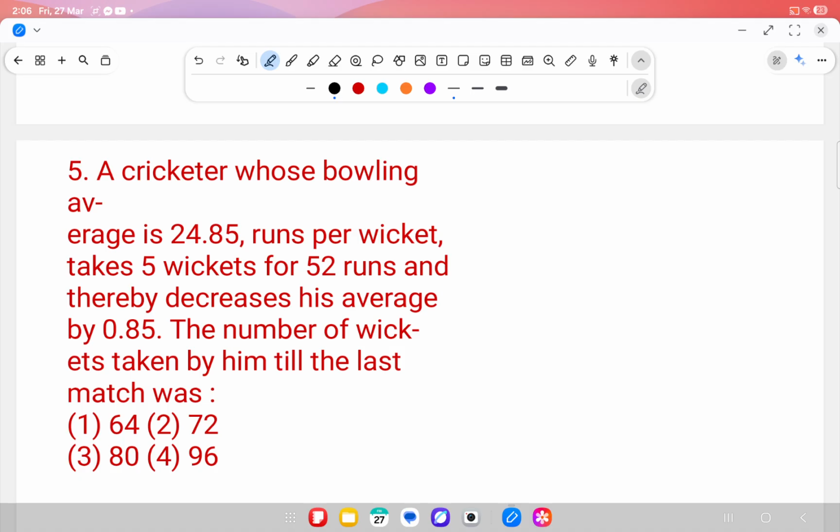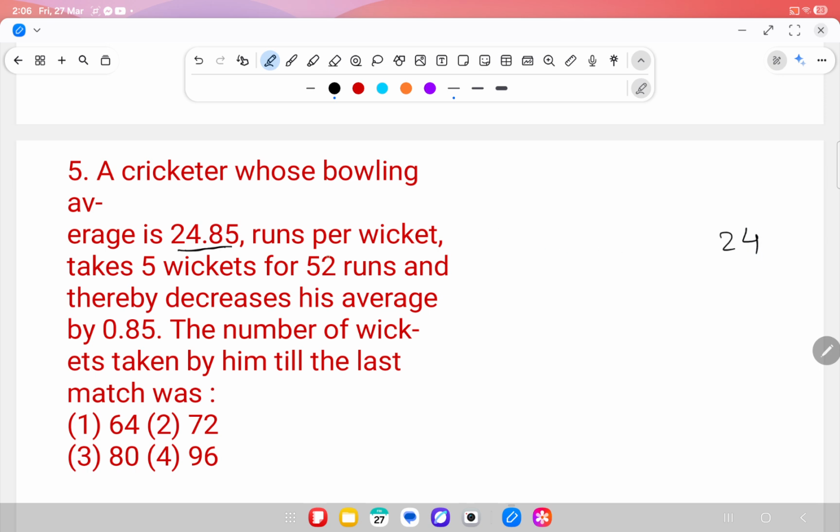Means this 52 runs for 5 wickets is a good average maybe, so that is why the average got reduced by 0.85. What is the number of wickets taken by him till the last match? Now the overall average, what happened? It should be 24.85, and finally it became 24.